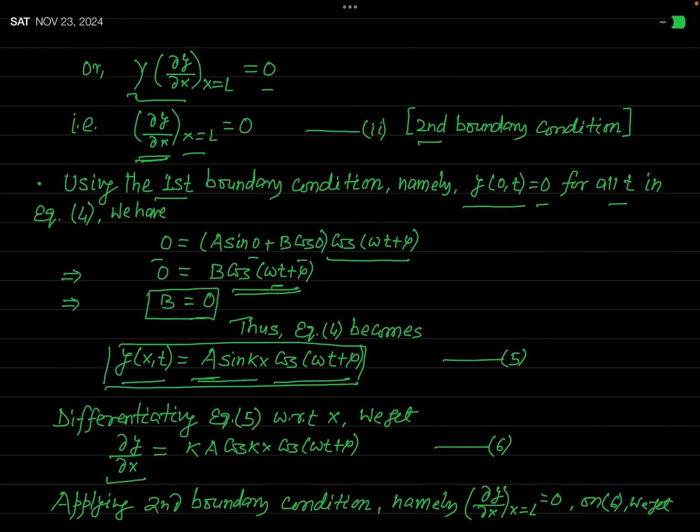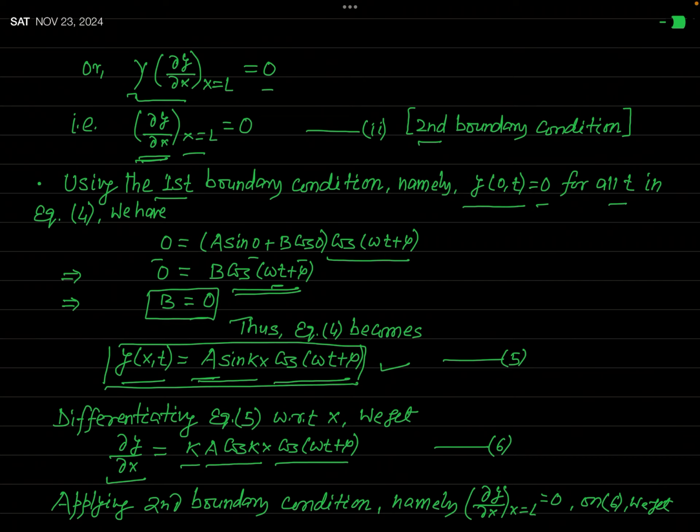For this, we will differentiate equation 5 partially with respect to x. You can see this partial derivative of y with respect to x will be k times a cos kx times cosine of omega t plus pi.